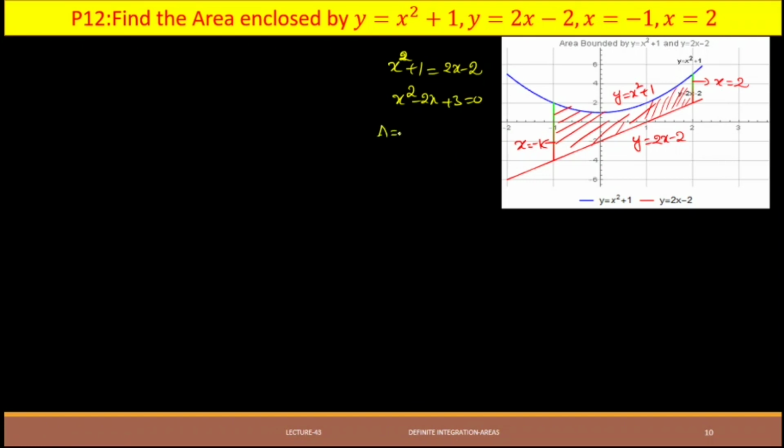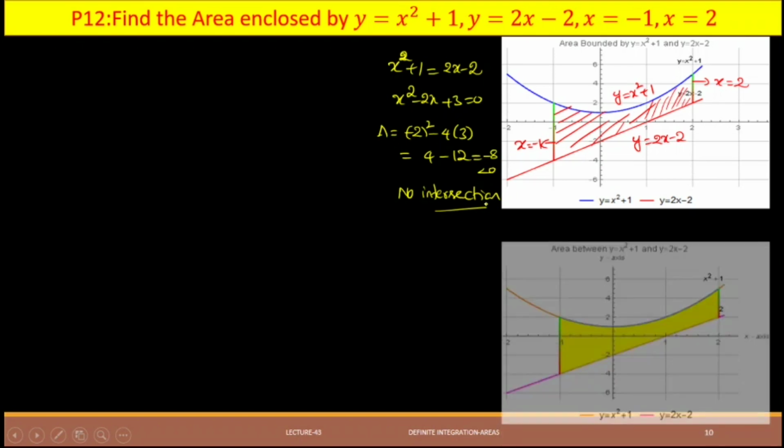So the discriminant is minus 2 whole square minus 4 into 1 into 3, that is equal to 4 minus 12, that is minus 8, which is negative. So this equation has complex roots. Complex roots means there is no intersection. That's why in the diagram also these two curves are not intersecting.